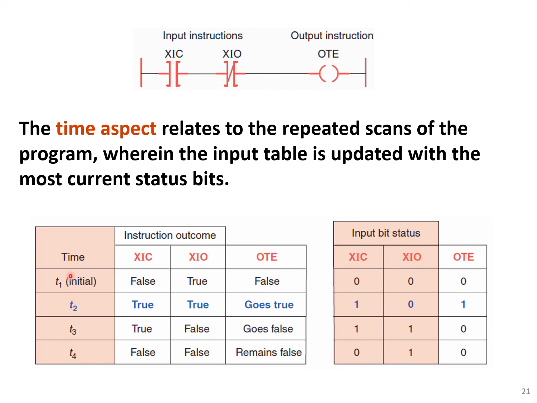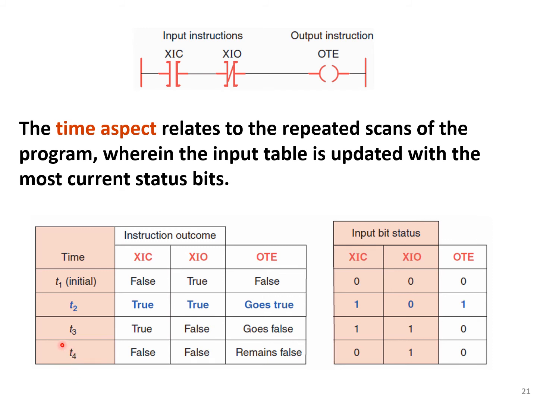But as time goes, on the second scan, let's say the first one becomes true, and the second one stays true. So then OTE goes true. On the third scan, let's say the XIC stays true but XIO goes false, so then OTE goes false.